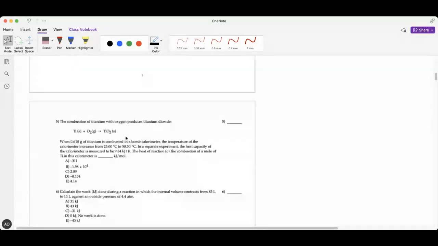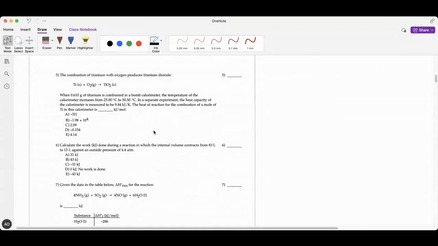Okay, let's do this next one. The combustion of titanium with oxygen produces titanium dioxide. So when 0.61 grams of titanium is combusted in a bomb calorimeter, the temperature of the calorimeter increases from 25 to 50.5 degrees Celsius.